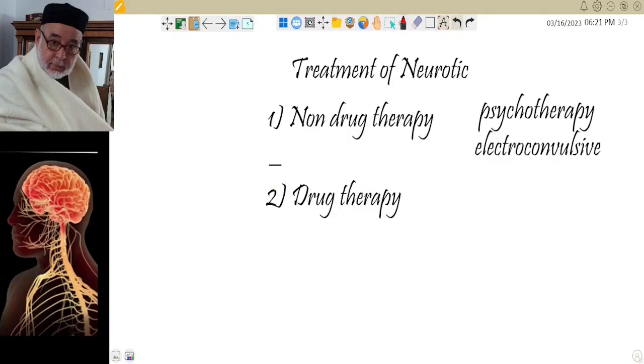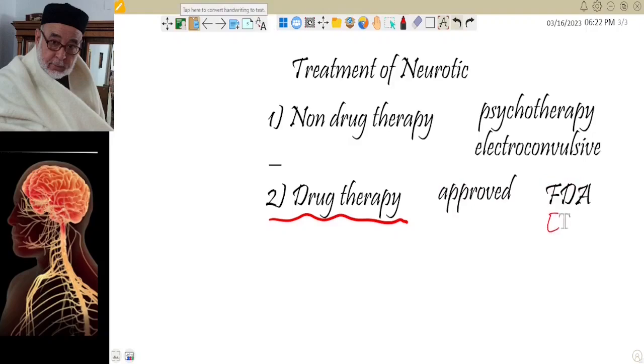Usually, drugs which are used in treatment of neurosis or neurotic illnesses are either known as approved drugs. Approved drugs are drugs which are given the license for clinical application by the drug authority, for example, by the FDA in the United States and by the EMA in Europe. So these are the drug authorities which give the permission of clinical use of drugs.